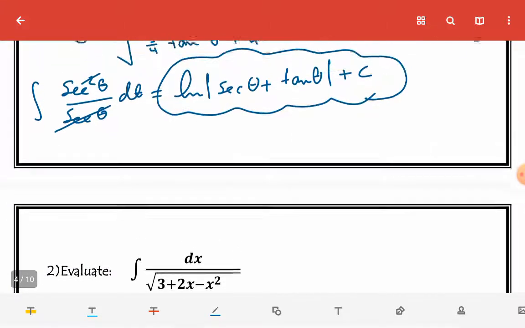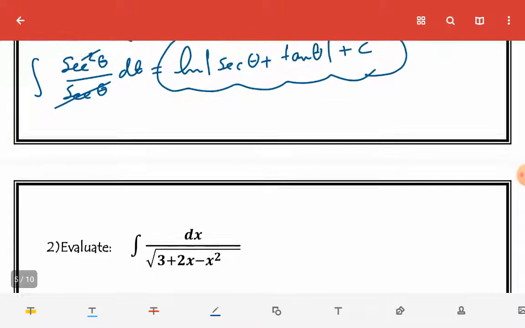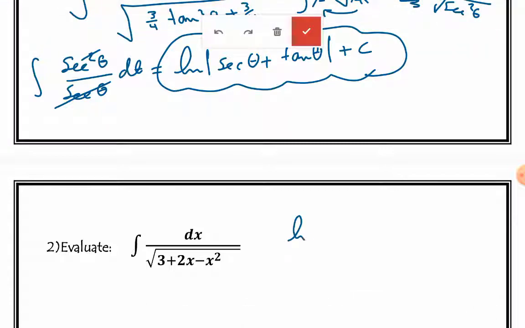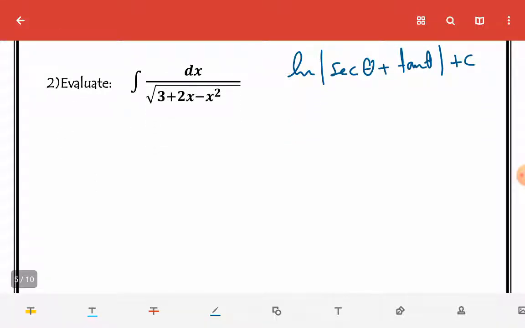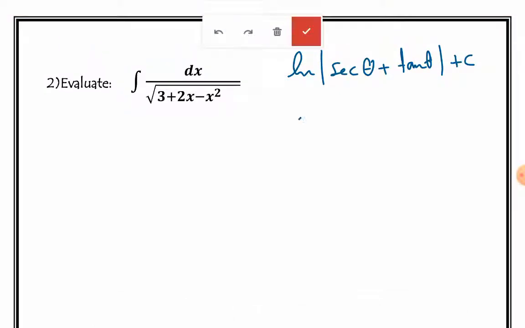So here I'm going to complete, guys. In this page I have ln. I will write the answer here: ln absolute value of secant theta plus tan theta plus c, right? First step is to write tan theta.